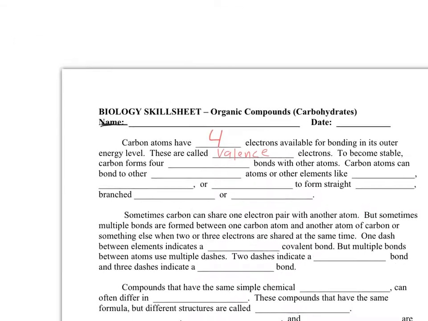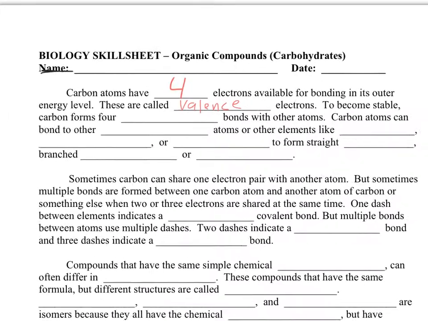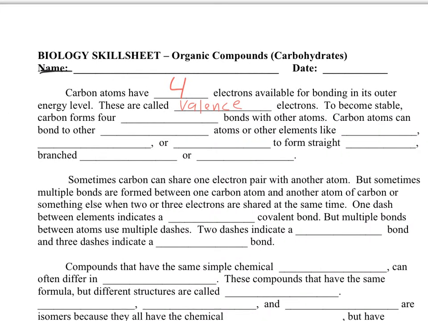To become stable, carbon atoms can form 4 what bonds with other atoms? Covalent. Yes, covalent bonds.